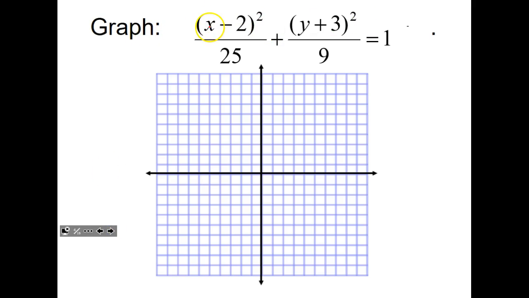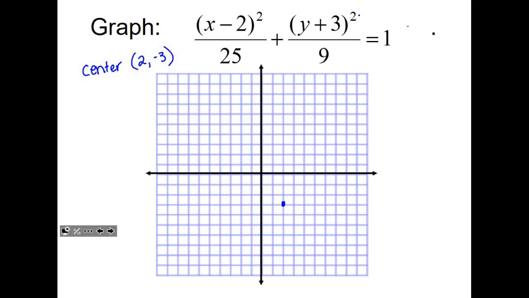So for example, I've got x minus 2 squared and y plus 3 squared. Just like with the circle, for our center we'll have the opposite of the sign. So we'll have 2, negative 3. So that works just like a circle. So we've got a center at 2, negative 3. But with an ellipse, we don't have a radius.